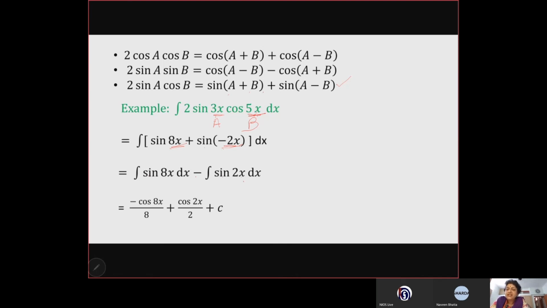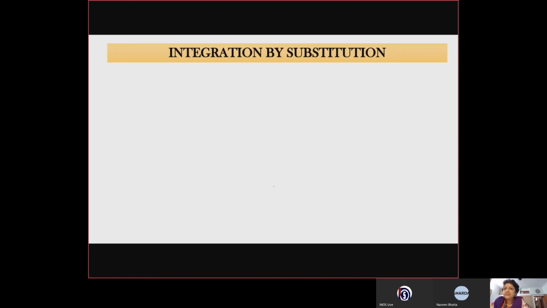So integrating this, sine 8x dx becomes minus cos 8x by 8, and minus sine 2x dx becomes plus cos 2x by 2. So this is how we use trigonometric identities to integrate.